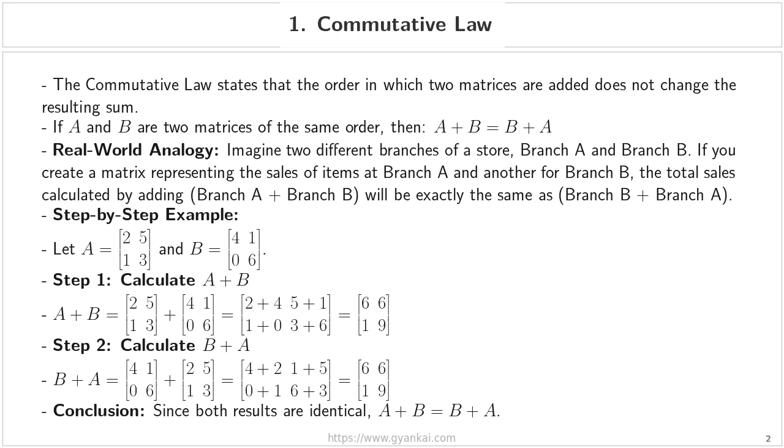Therefore, we can conclude that since both results are identical, matrix A plus matrix B is indeed equal to matrix B plus matrix A. This property is very helpful, but it only applies to addition. In our next slide, we will see how this concept extends when we deal with three or more matrices through the associative law.